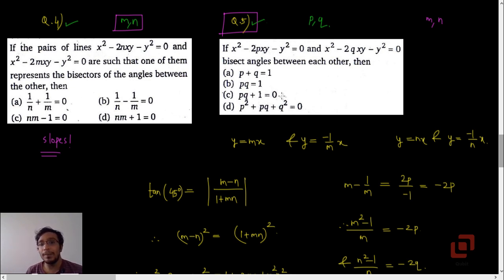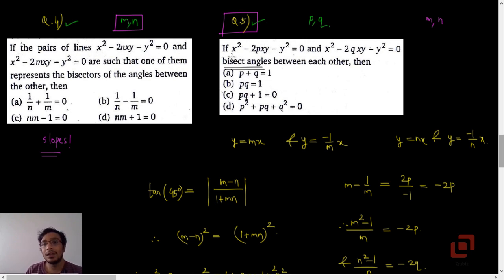What I mean is you have to apply your brain, I should say. You have to think a bit. Okay, you have to ask the question what I want from what I have. You have to make use of the data correctly, and then only can you solve the problem. So we have not used even a single formula from the 12th standard pair of straight lines. In fact, we have used a formula for angle between lines from the 11th standard. Okay, we'll come to that as we go to the solution.